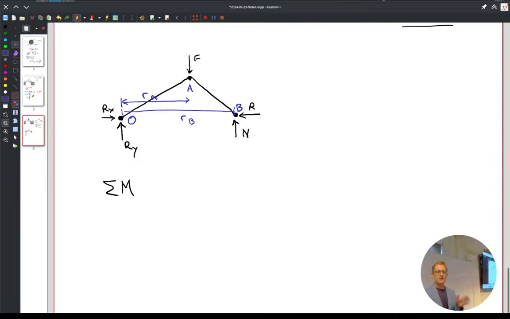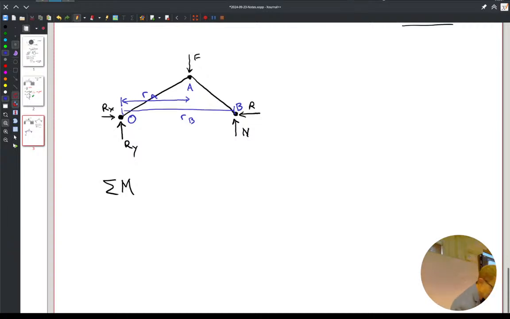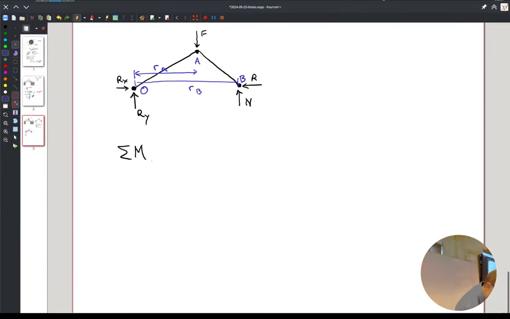I could say these are my moment arms, like RA and RB, and that's for a given 100 Newton force, it's RA times 100, something like that. So we could say the moment around O is RA times F, positive or negative?